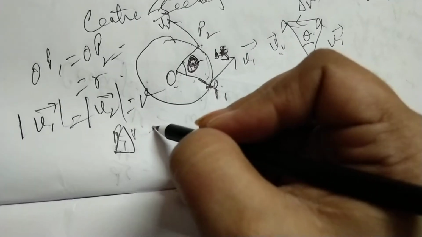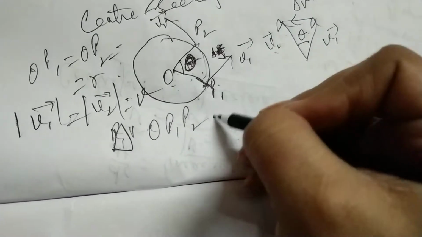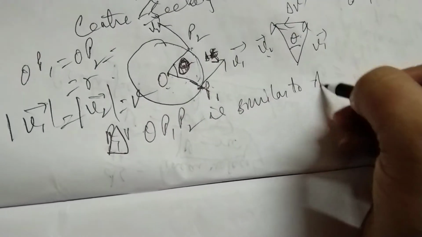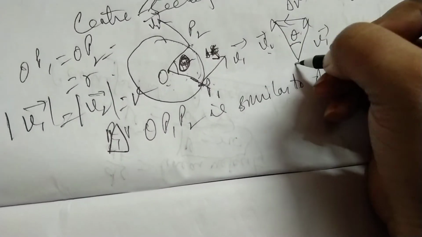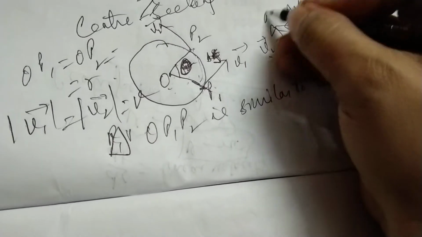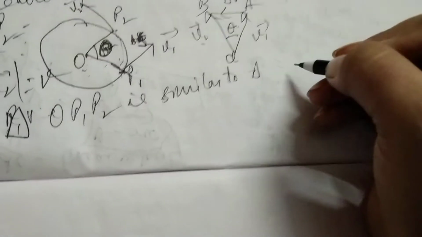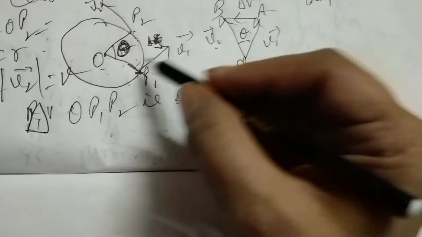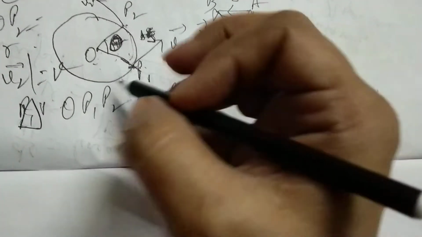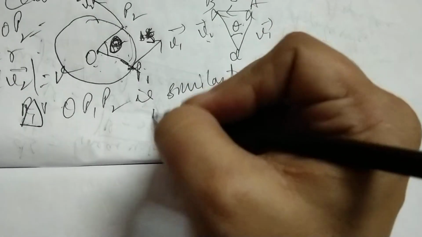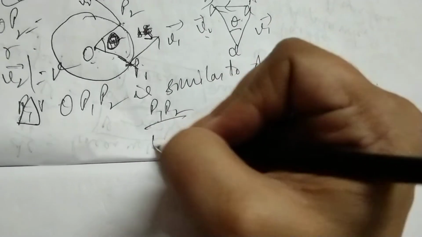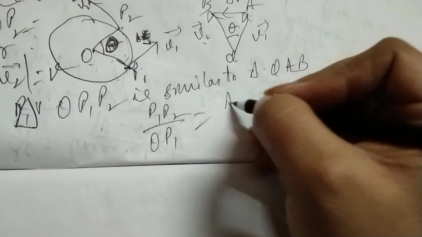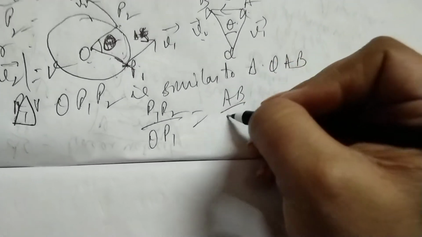I'll write triangle OP1P2 is similar to triangle QAB. Since the triangles are similar, the ratio of the corresponding sides is equal. So we can write P1P2 divided by OP1 is equal to AB divided by QA.